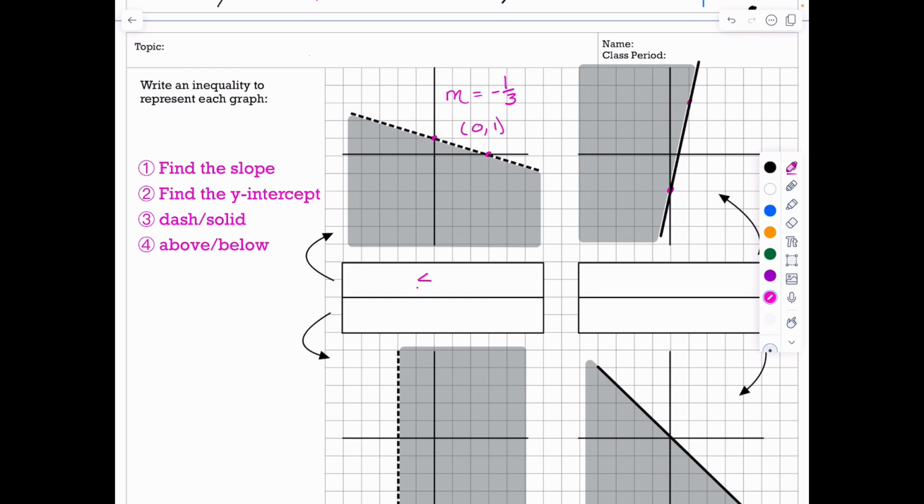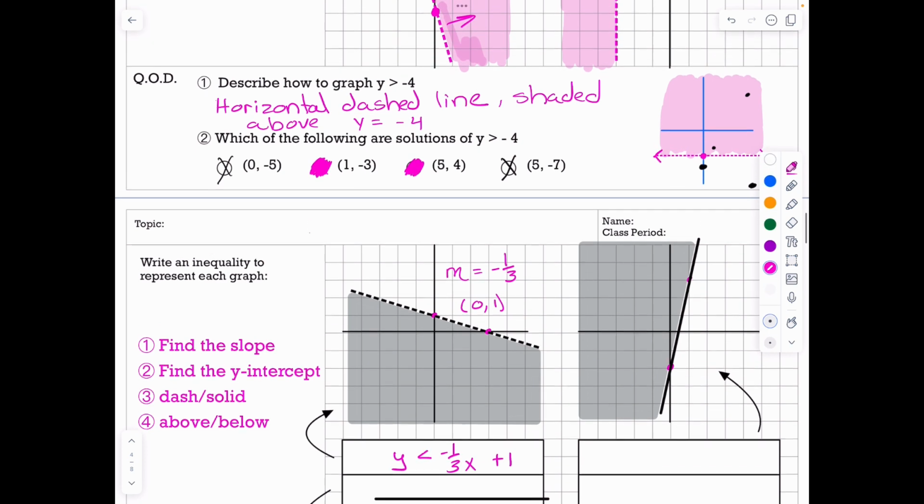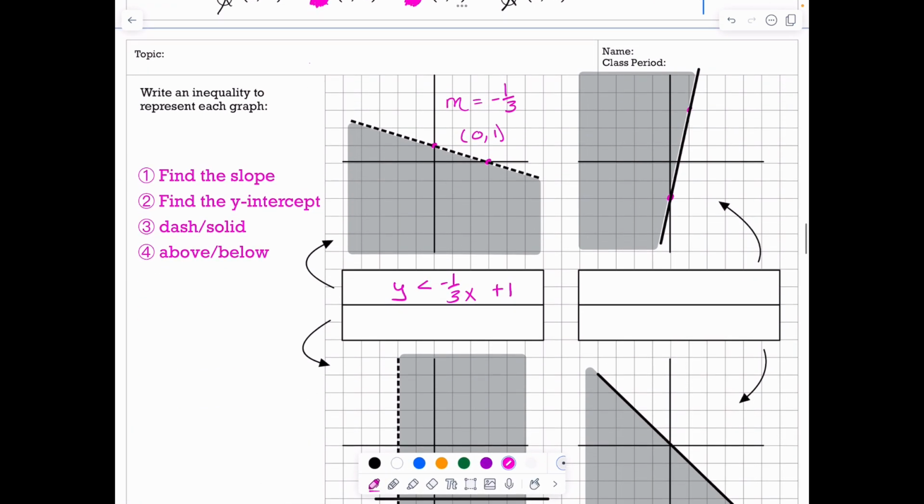So dashed line, shaded below. Y is equal to -1/3 x plus 1.